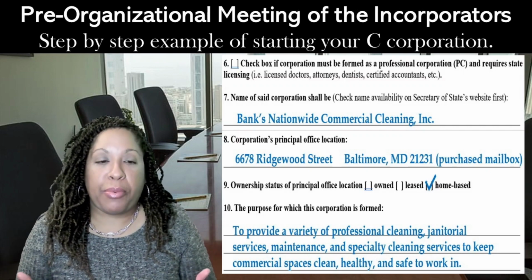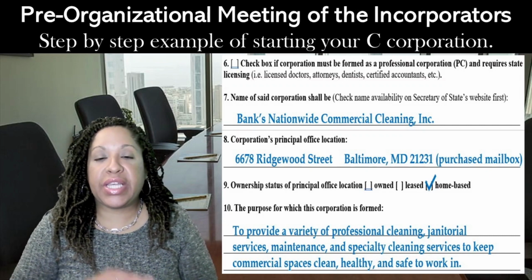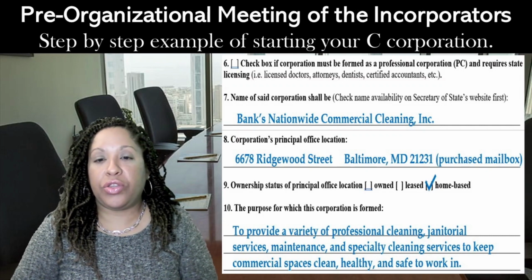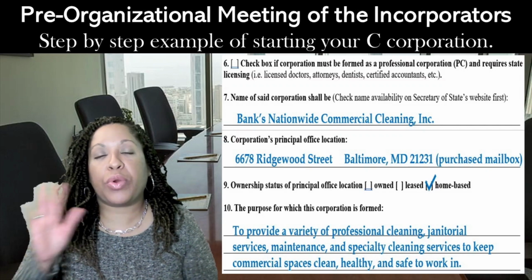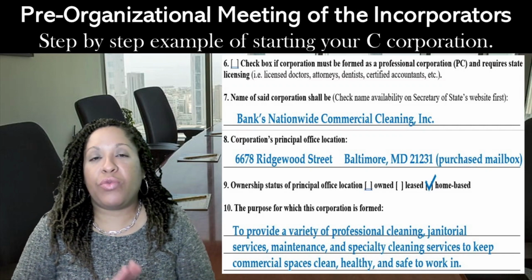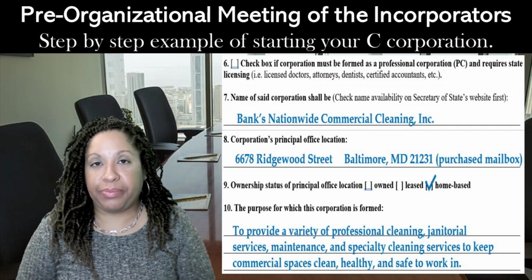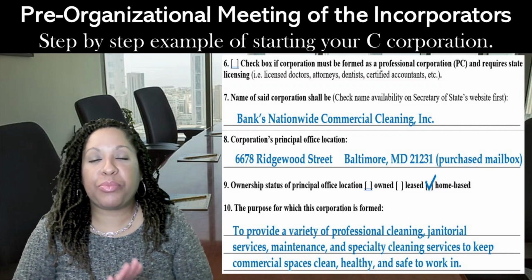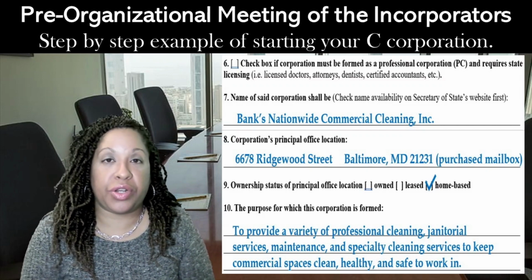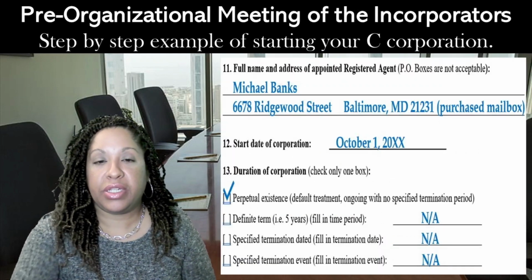The reason you want to have a purpose is just to give a general idea when you're filing your corporation papers with the state. You just want to give the state a general idea of what your business will be doing. So I kept it pretty general, and it is straight to the point of what they're going to do with their commercial cleaning business.